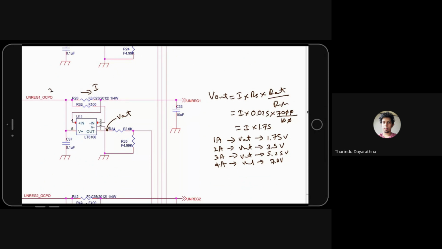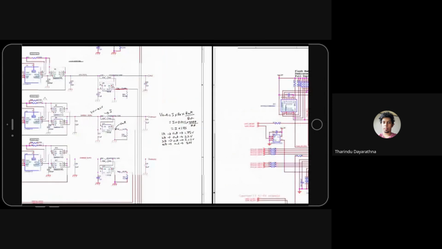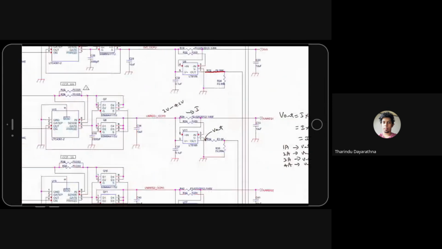This voltage varies from 2 volt to 4.2 volt, so this chip can only provide a voltage similar to this. This is unregulated. It's not any buck boost.